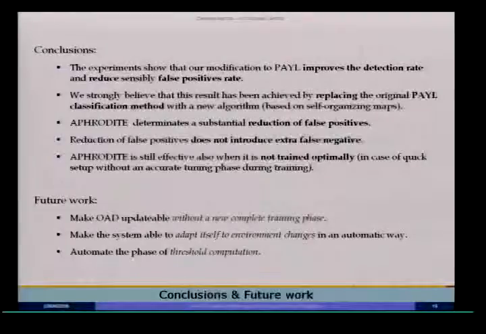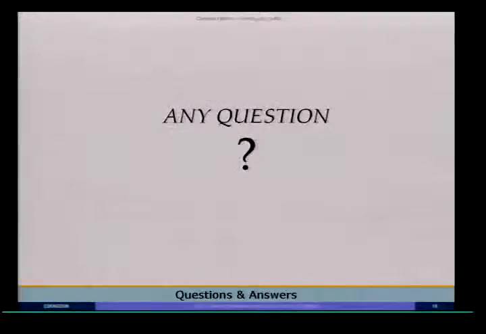We have already seen that Aphrodite can work also with dirty training data sets. So we can say that right now the system is more than a developing version, it's almost quite stable.